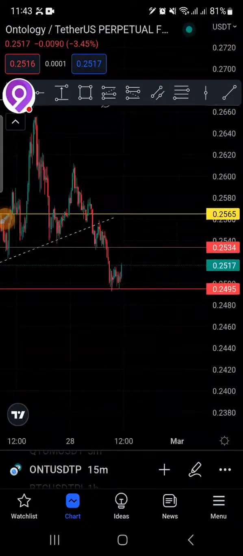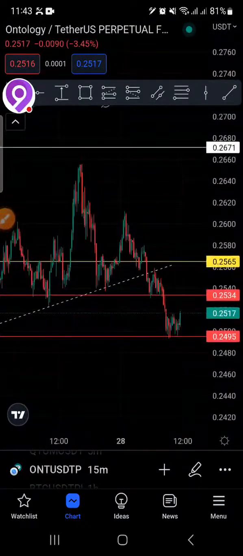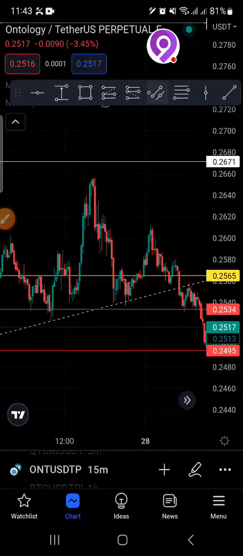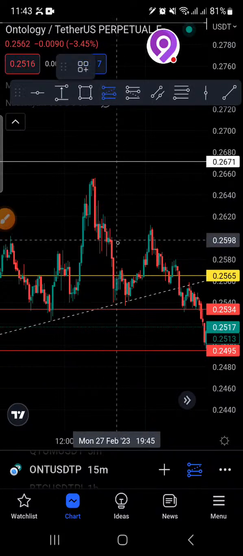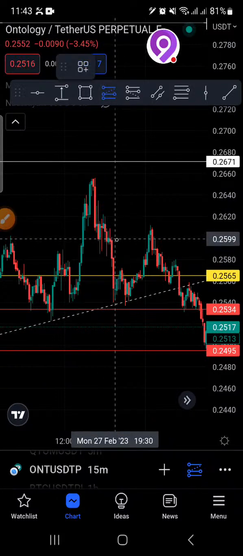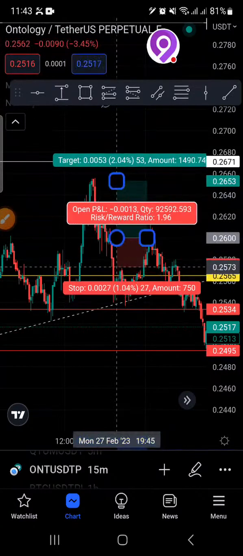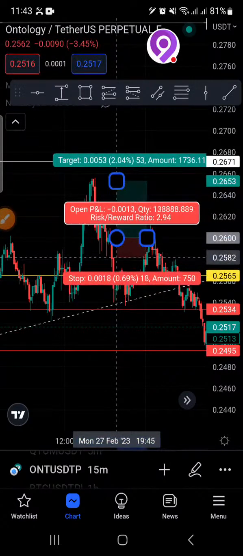Now look at this. The signal was from here. Let me show you, pay attention. From here there will be a pullback. Can you see that? All the way here. I guess the stop loss was somewhere here.